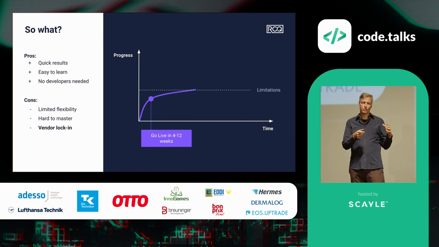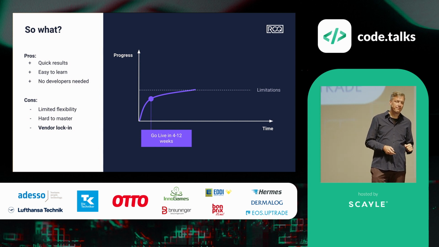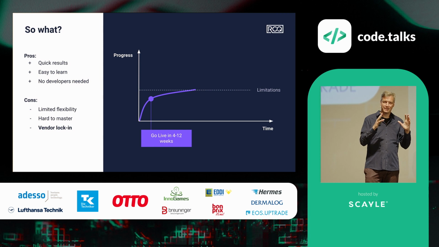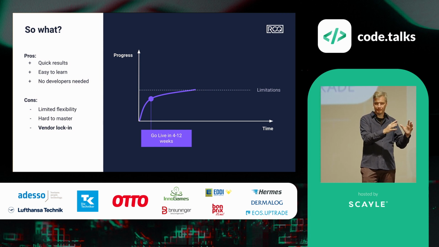The idea of these no-code tools is that you can reuse existing components, but you cannot easily build whatever you like. That's not possible. This is not the idea. And at some point, you reach an upper boundary, limitations. And then you see the real problem, that all your implementation happens in the engine of the no-code platform.